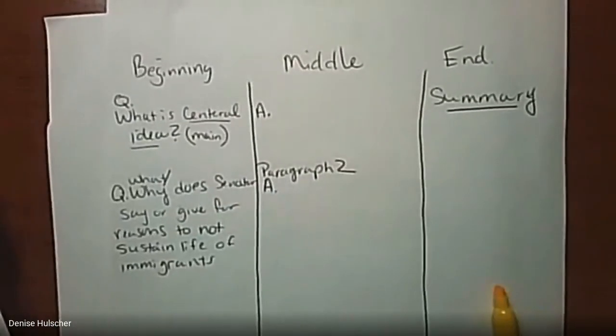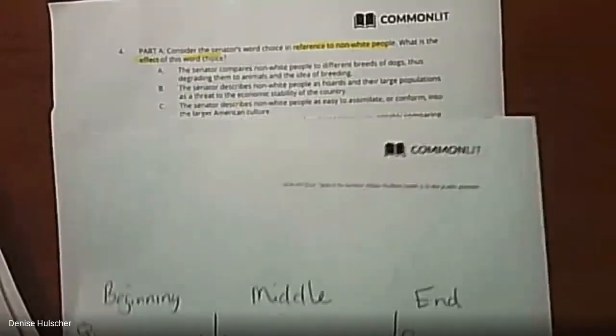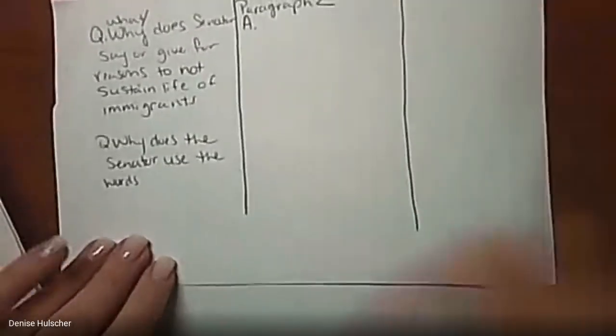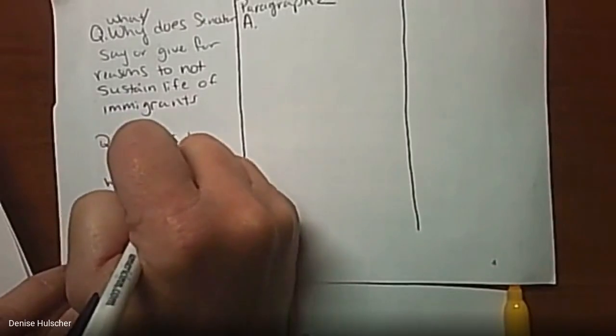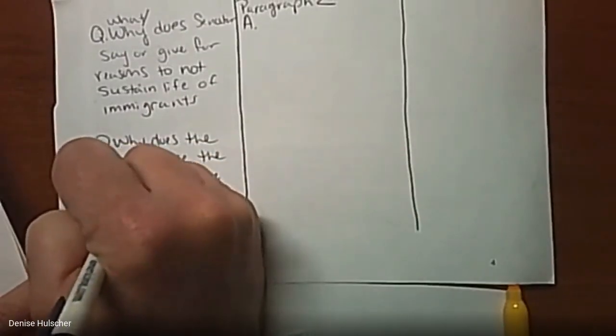So why does the senator use the words, and look at it again, non-white people?